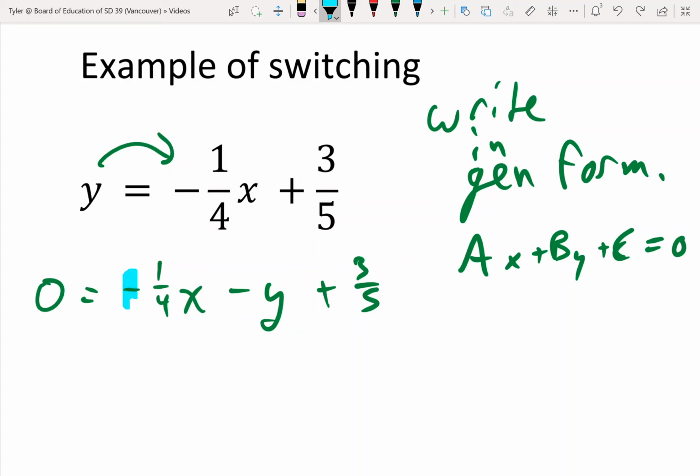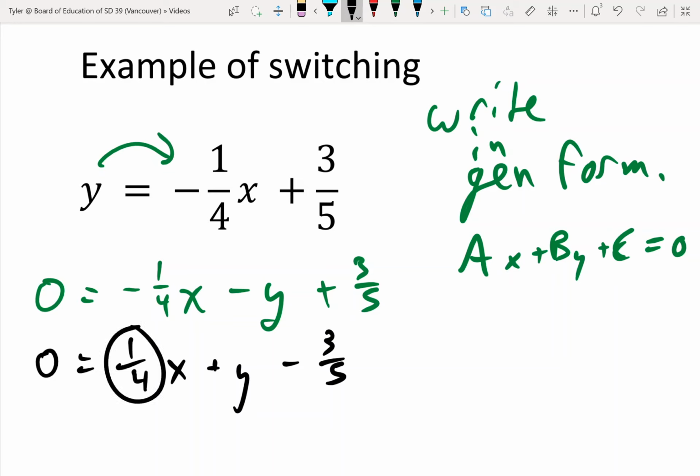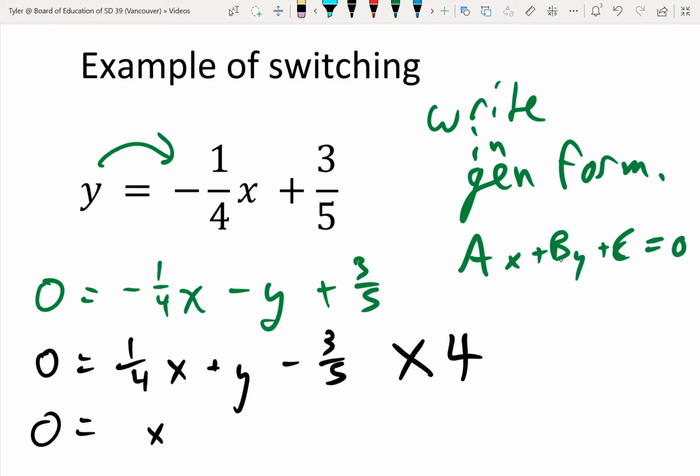Now I need to get rid of the negative, so I'm going to flip the signs on everything. 1/4 x plus y minus 3 over 5. And last thing, I don't like the fraction, so I'm going to do times 4 to everything. So 0 is still 0. This is now 1x, or just x, plus 4y minus, what's that, 12 out of 5?